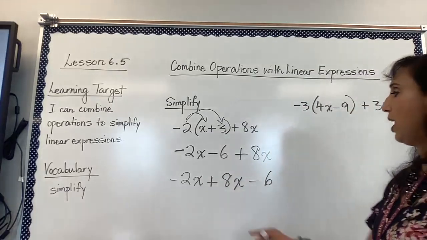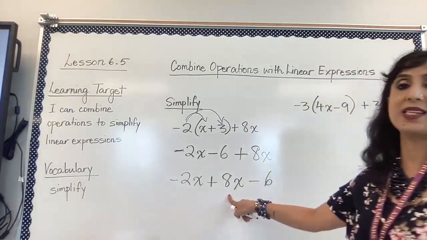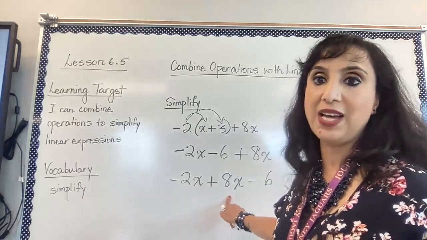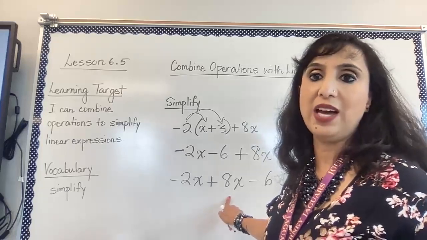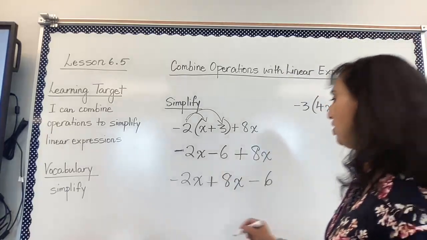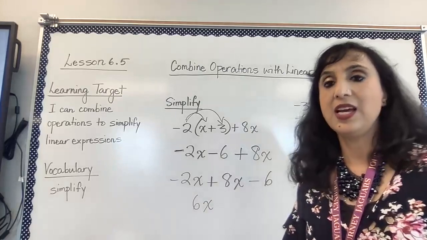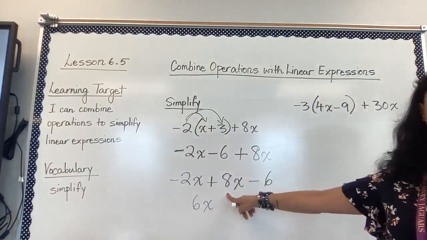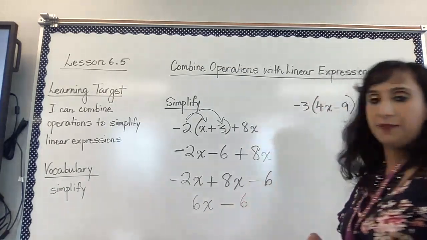When I have minus 2x and plus 8x, these are opposite signs. When I have opposite signs, I subtract the absolute values and give the sign of the bigger number. So 8 minus 2 gives me 6x, and the sign in front of the bigger number, 8, is positive. So this is 6x minus 6.